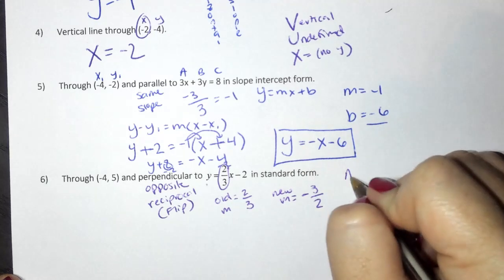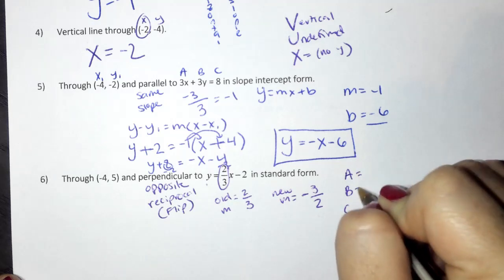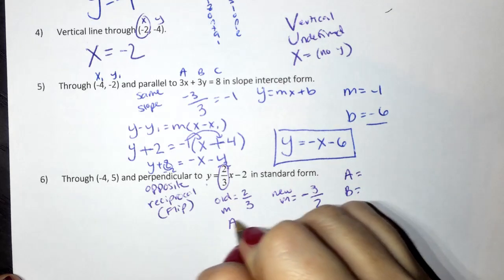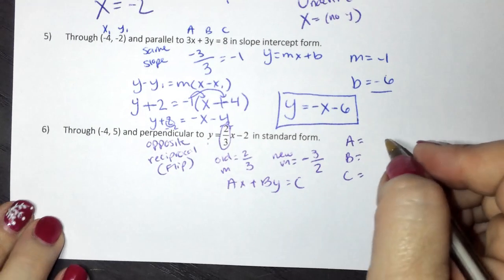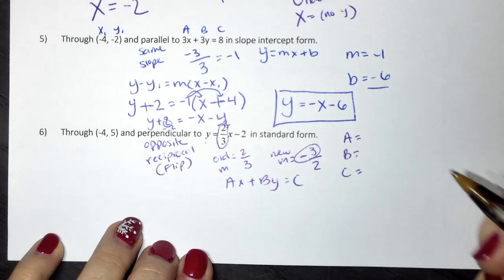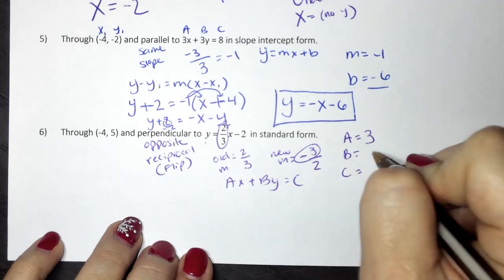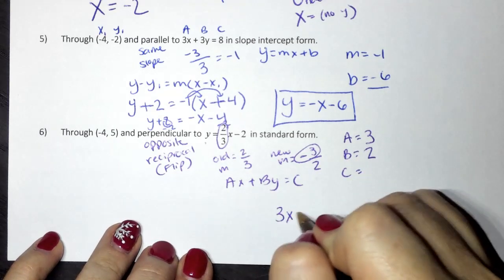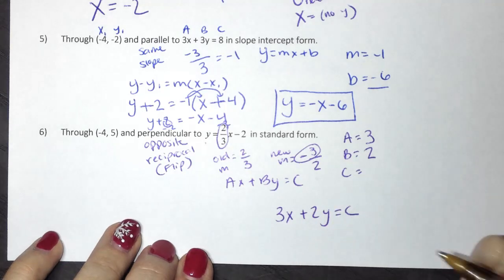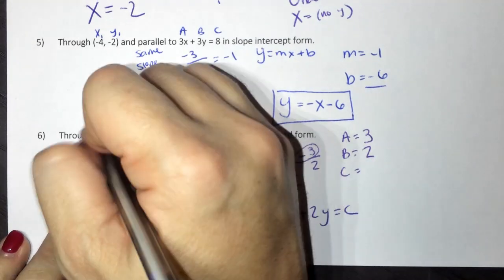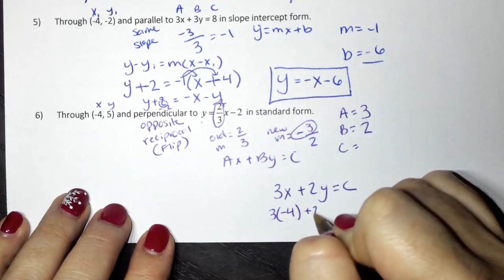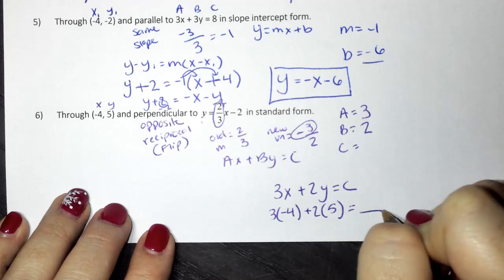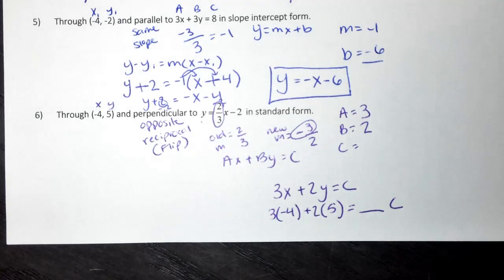And this I want in standard form, so I need to find a, b, and c, because standard form is ax plus by equals c. Well, my slope gives me a and b, so opposite of the top is positive 3, b is 2, so I know 3x plus 2y equals c, and now I can plug in my point. So 3 times -4 plus 2 times 5, and whatever that equals is c. I do not have my calculator, so I'm using my phone.